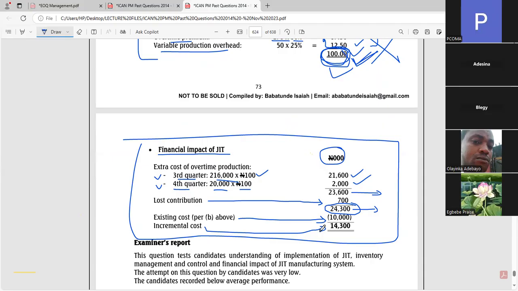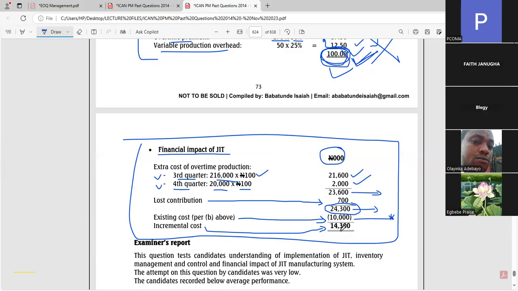So which is better? Should we operate just in time, or should we operate in our normal way? The normal way, because when you operated your normal way, you were only spending 10 million naira on the warehouse. But now that you're operating just in time, you are spending 24,300, which is a difference of 14.3 million.